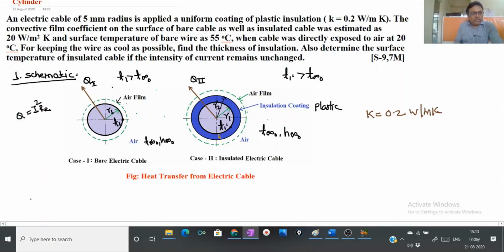Now let us enlist all the given parameters. The very first thing given to us is R1 is equal to 5 mm, that is 0.005 meter.